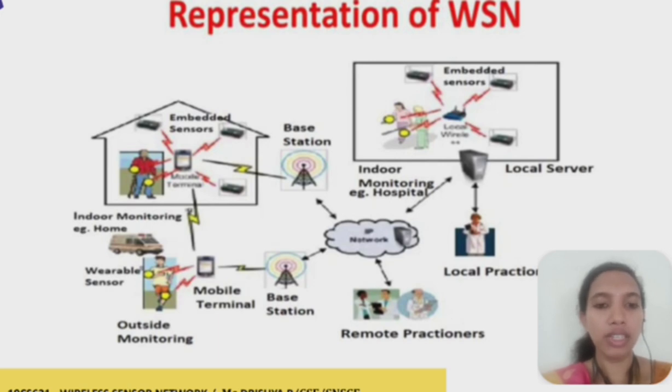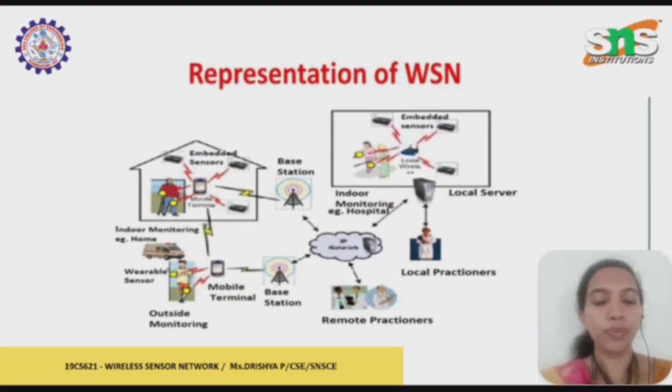These are connected in different ways, and we use wireless sensors in our home also. Wireless sensor network is easily usable, and it makes monitoring very easy in every area.